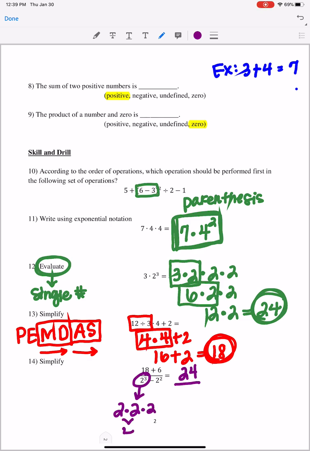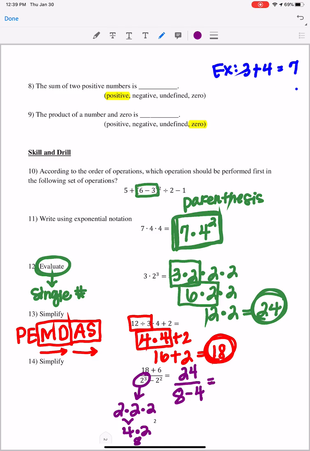Well, 2 times 2 is 4, and 4 times 2 is 8. So I've got 8 minus 2 squared, that's 2 times 2, that's going to give me 4.